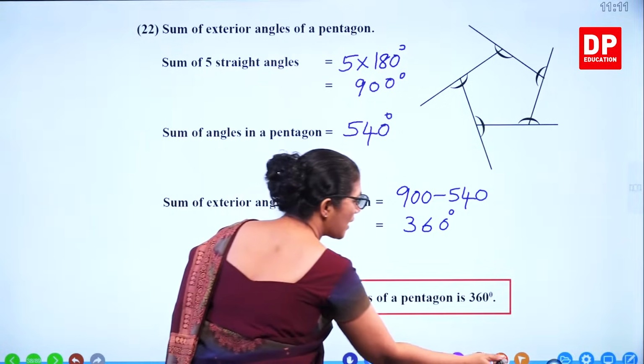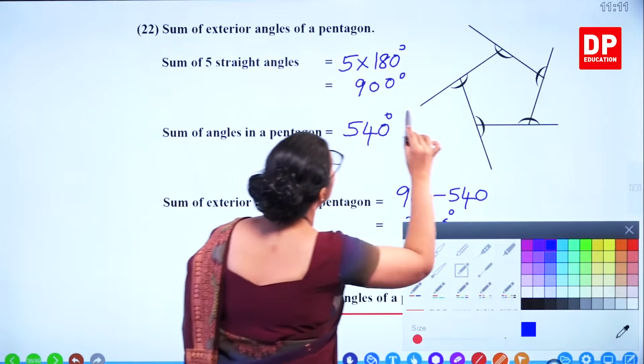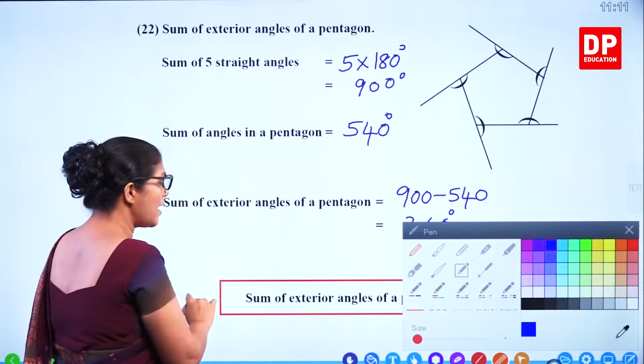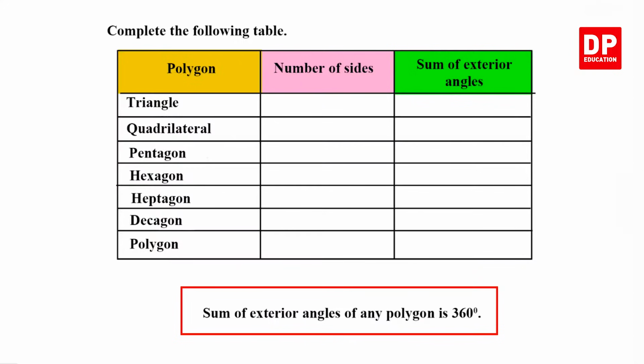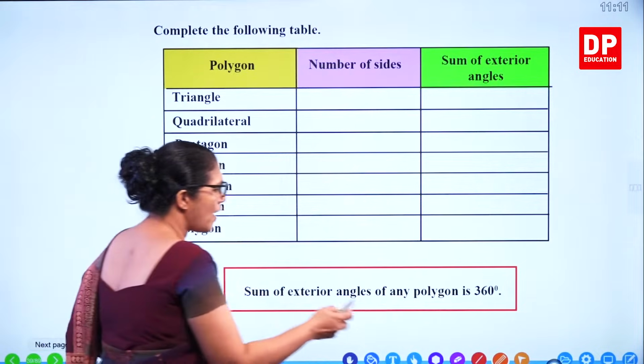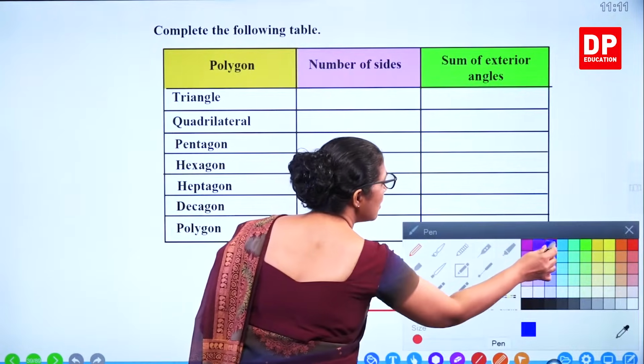So in this one also you get 360 for the exterior angles of a pentagon. So we got 360 for triangle, quadrilateral and pentagon. Now we'll try to find a pattern.